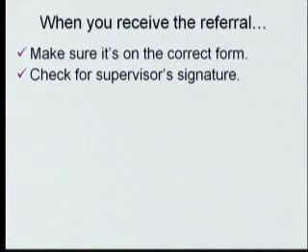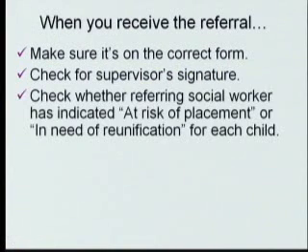Now, when you receive the referral, the first thing for you to do is to make sure it's on the correct form, check for the supervisor's signature, and check whether the referring social worker has indicated for each child identified, are they at risk of placement or in need of reunification.